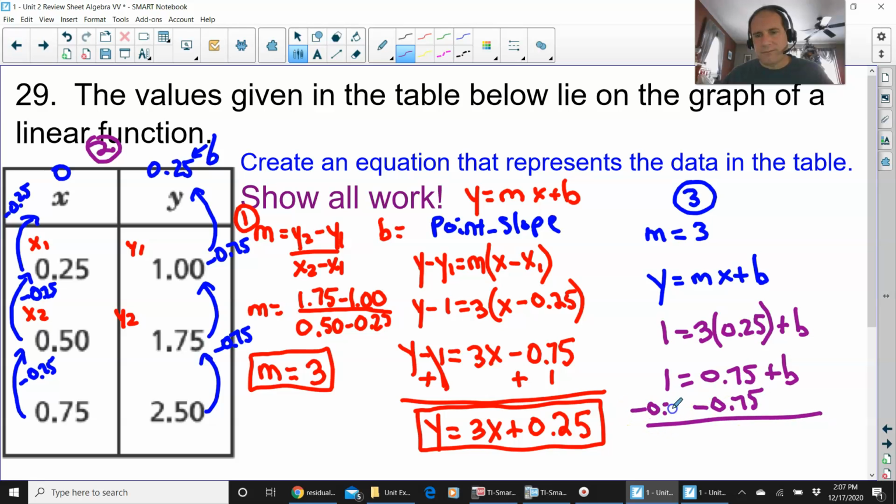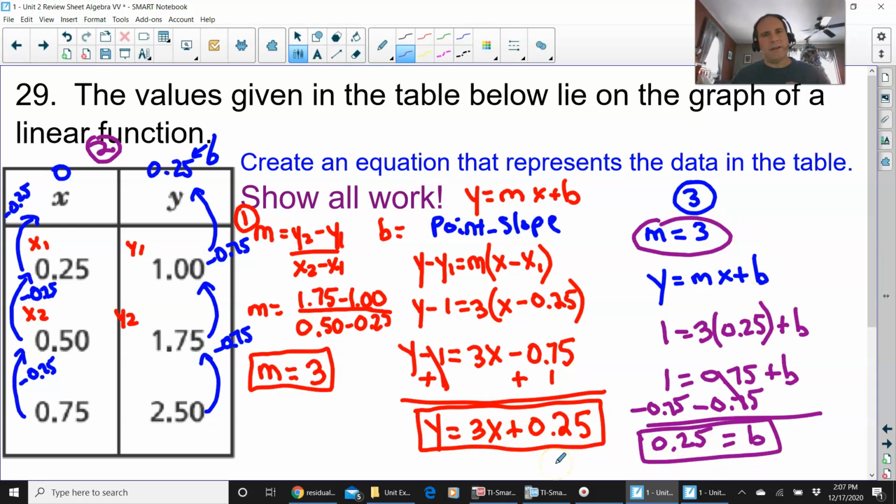Minus 0.75, this cancels, and b equals 0.25. Then you can create the equation. The slope is 3, the y-intercept is 0.25. You get the equation of the line. Three different methods on how to do that problem. You pick one, stick with it.